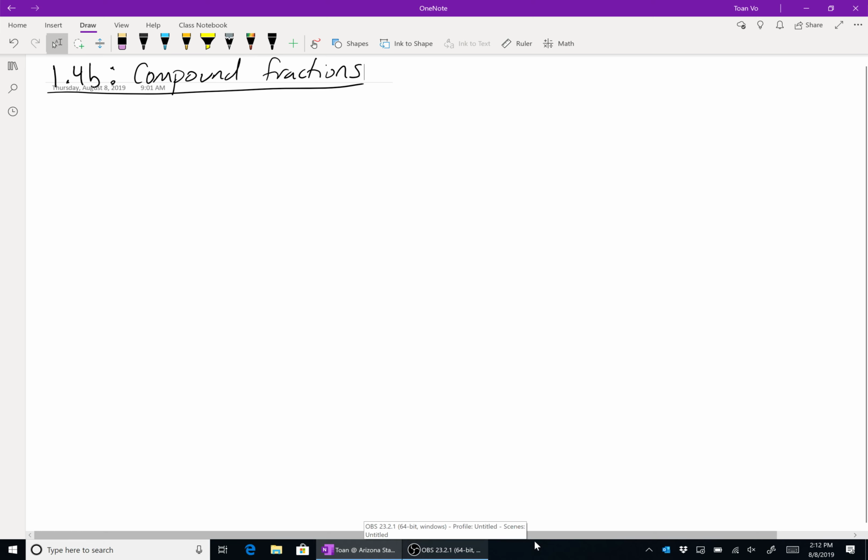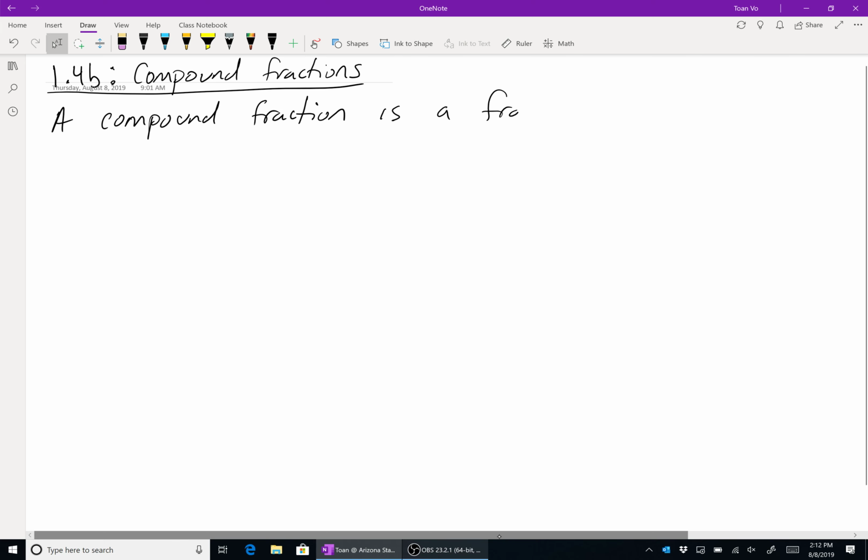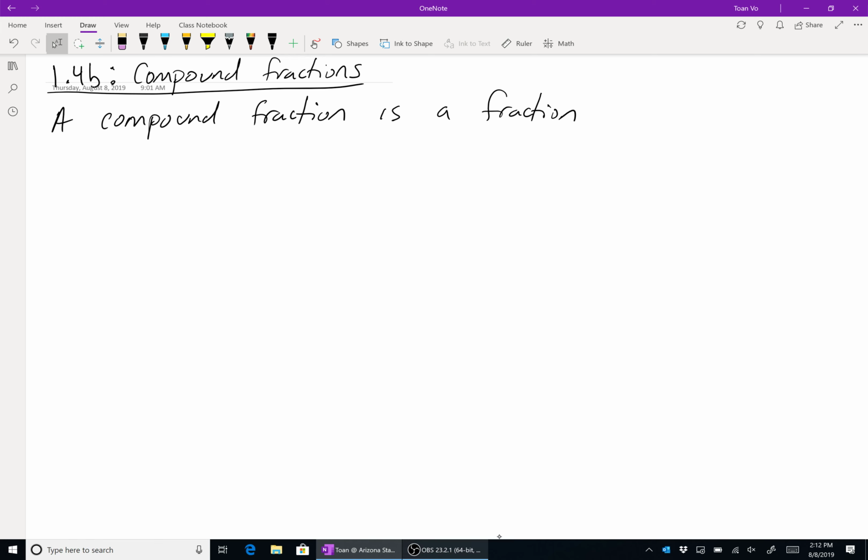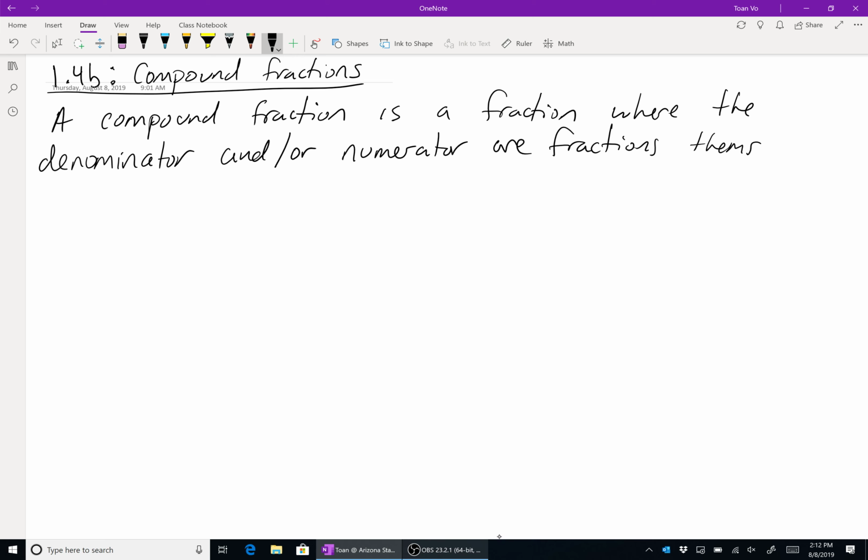So just in case you don't know what a compound fraction is, a compound fraction is a fraction where the denominator and or numerator are fractions themselves. So it's basically a fraction within a fraction.